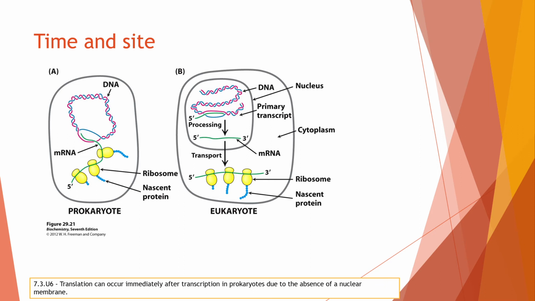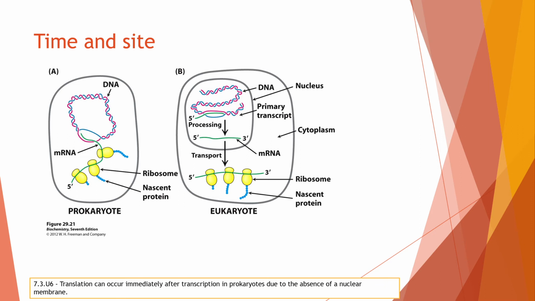So, actually, in eukaryotic cells, transcription and translation are separated not only by the site but also by the time. It takes some time to process RNA and transport it to the cytoplasm. On the contrary, as you can see on the left panel, in prokaryotes there is no need to separate these two processes in time.